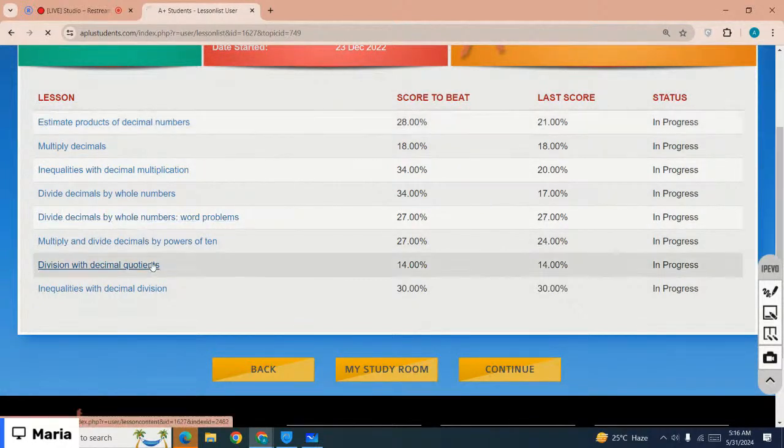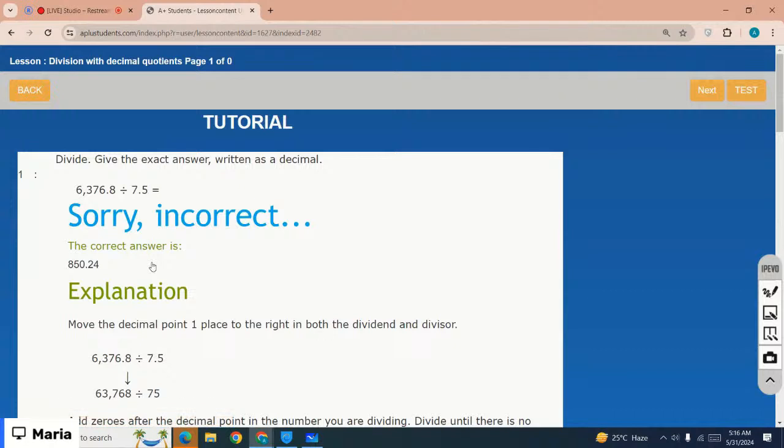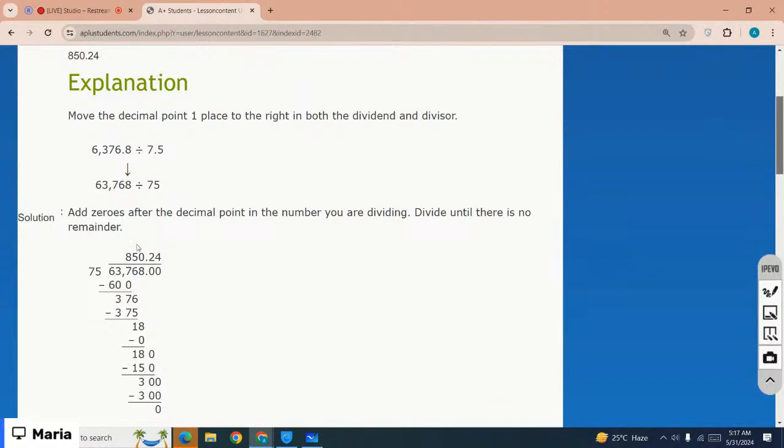How do we divide with decimal quotients? Okay, divide 6,376.8 divided by 7.5. The first thing is to remove the decimal point and divide like we do with whole numbers, right?